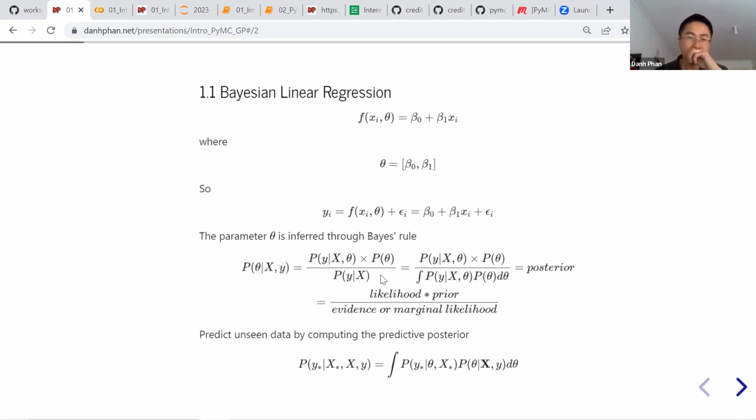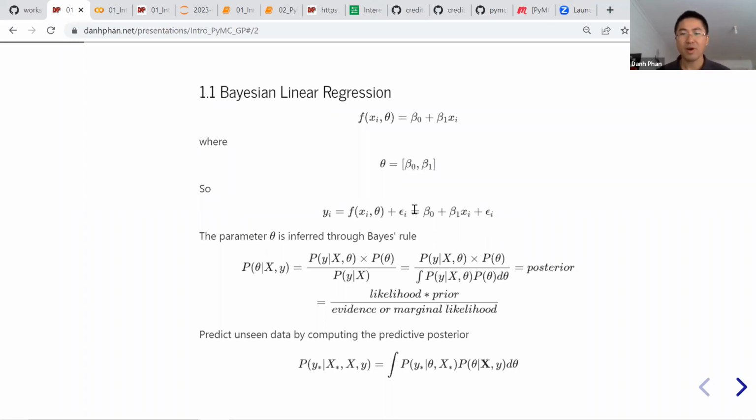From this, you can see that linear regression is a kind of parametric model, because we want to estimate the function f by using theta. We estimate theta through beta 0 and beta 1, and from that we can estimate f.